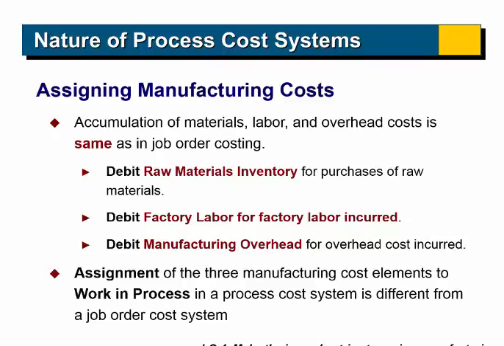All right, so we would take the estimated manufacturing overhead for the period and we would divide it by the estimated number of machine hours for the period, and we would then have that predetermined overhead rate. And then as those hours are utilized, we would allocate the cost from manufacturing overhead into the WIP.